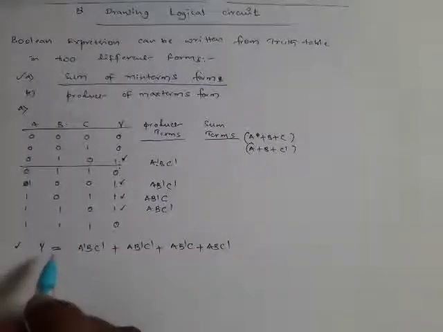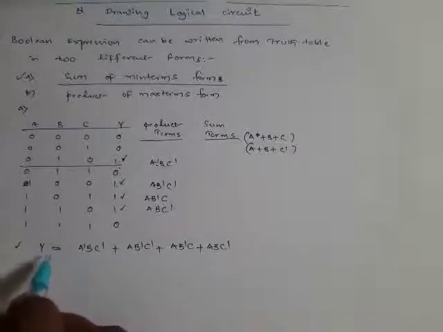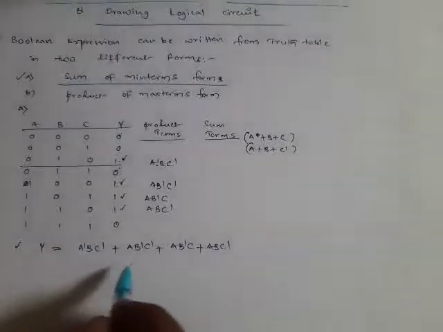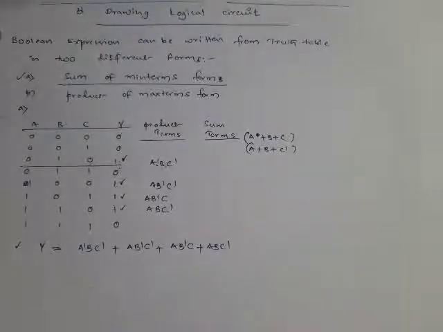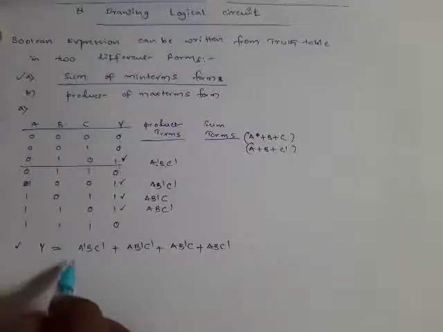We obtained the Boolean expression from the given truth table, and here the Boolean expression is in sum of minterms form. But you can see that this may not be a simplified Boolean expression.